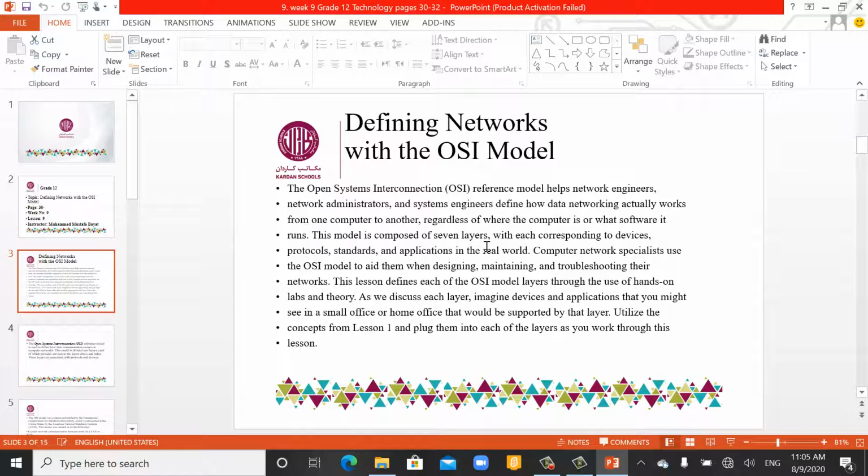It has 7 layers, each corresponding to devices, protocols, standards, and applications in the real world. It means when you learn OSI, you should know that OSI works with devices, protocols, standards, and applications. So OSI is very important here.